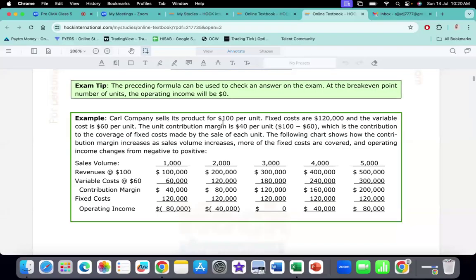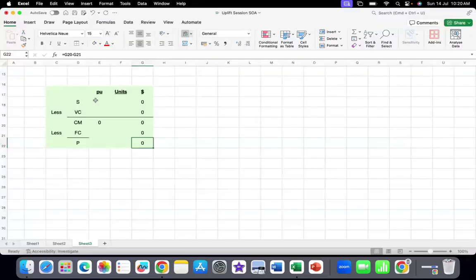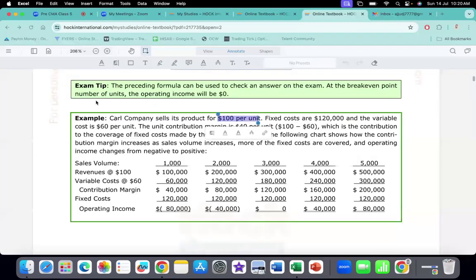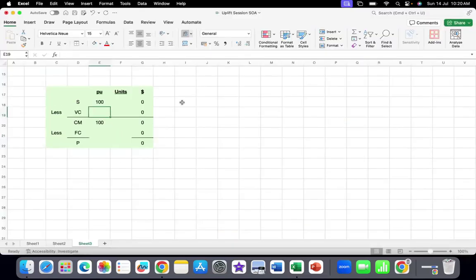So it says sells its product for $100 per unit. So it's a selling price, and it says per unit, so this is 100. The fixed costs are $120,000, and the variable cost per unit is 60. So variable cost per unit is 60, and the fixed cost which they have told us is 1,20,000.